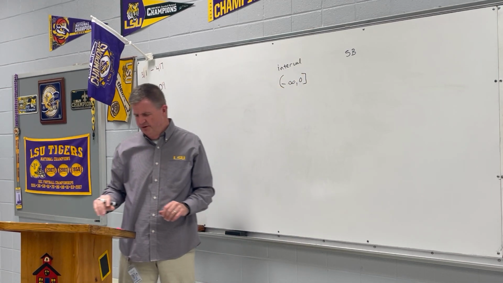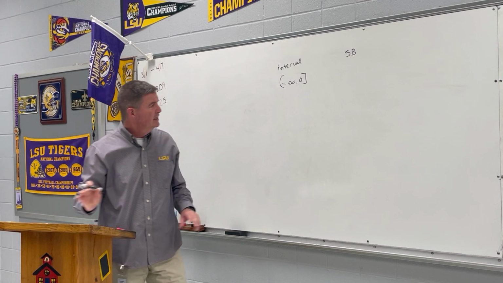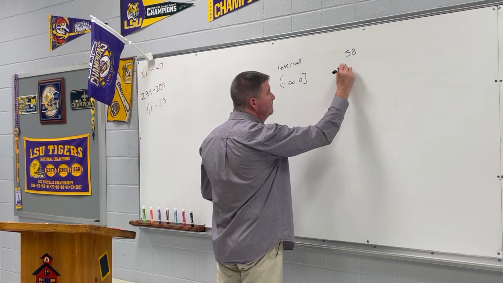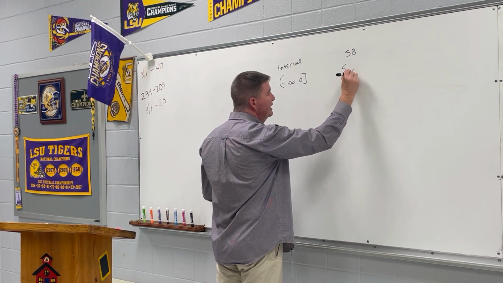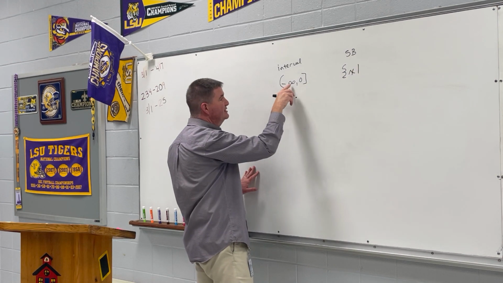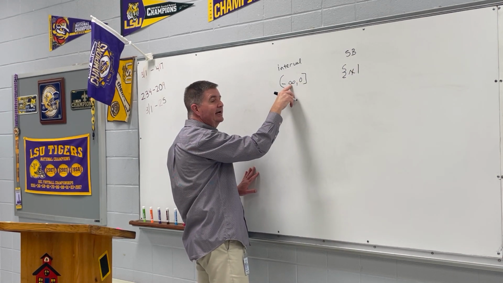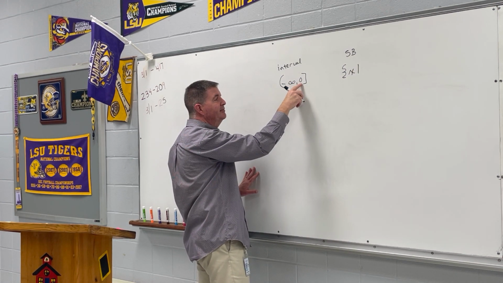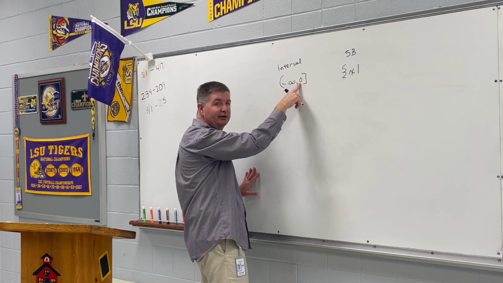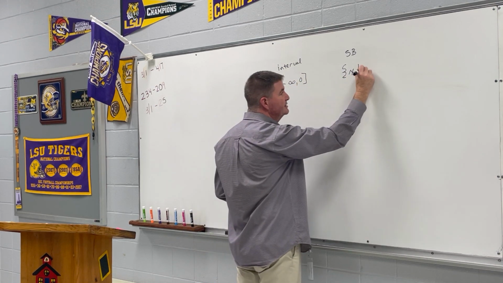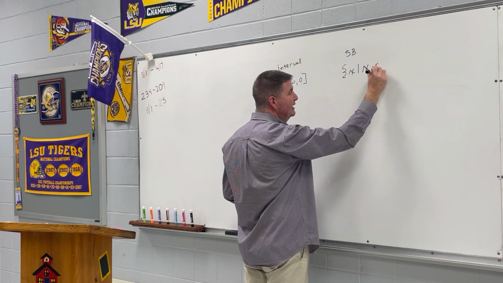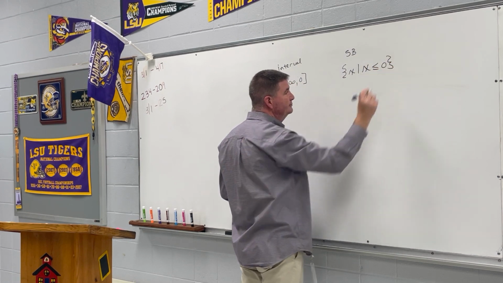And we want to write it using set builder. So what is this going to be? Braces, x such that, what is this? From negative infinity to 0 means what? It's less than or equal to 0. So this is going to be x is less than or equal to 0.